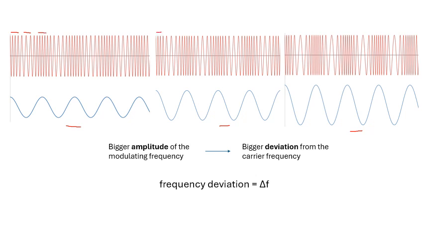Here, the deviation in frequency, the deviation meaning the difference between the frequency and the carrier frequency, notice it's getting bigger. And then on this last diagram, the deviation is quite big. There's quite a big difference between those two frequencies. Okay, and that's how you carry information about the amplitude in the frequency deviation. The frequency deviation is the difference in frequency between the wave at any instant and the carrier frequency.